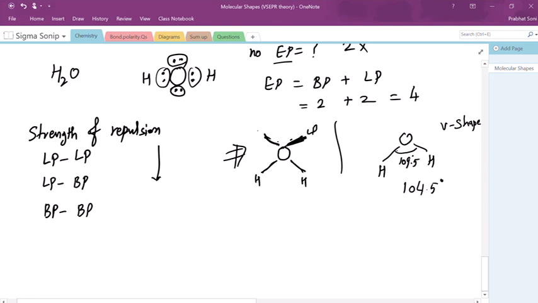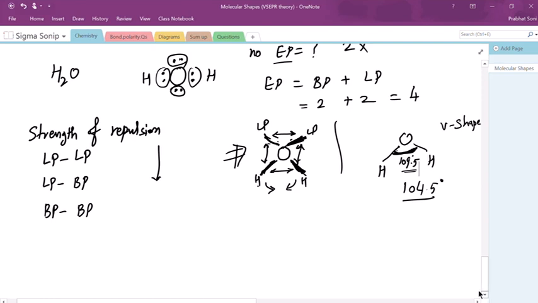This repulsion is a bit stronger, and this is weaker. So the end result is that the hydrogen sticks will come a bit closer to each other because the lone pairs are repelling everything around them. As a result, the angle between the two hydrogens is 104.5 degrees in place of 109.5. Okay, that's my example number 2.